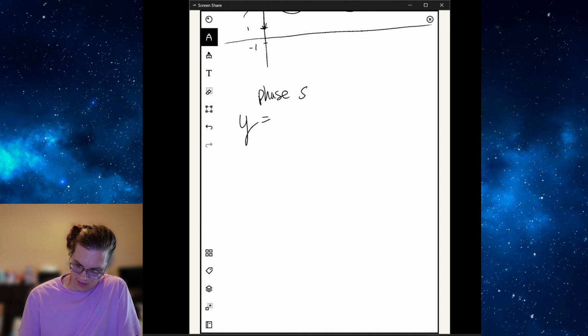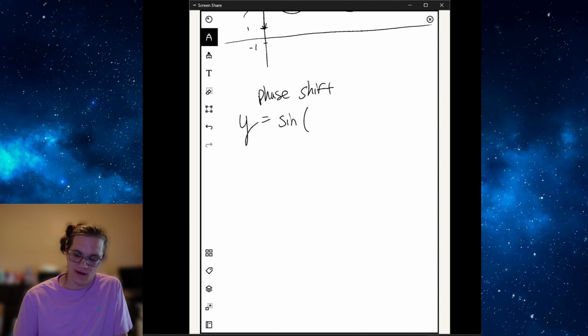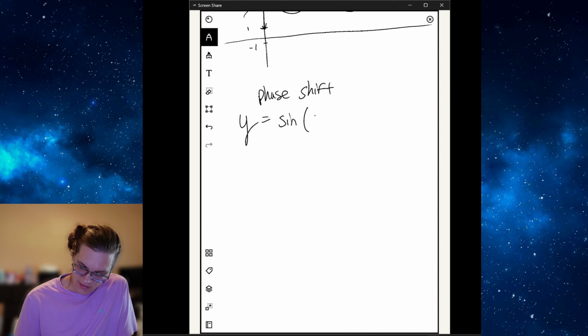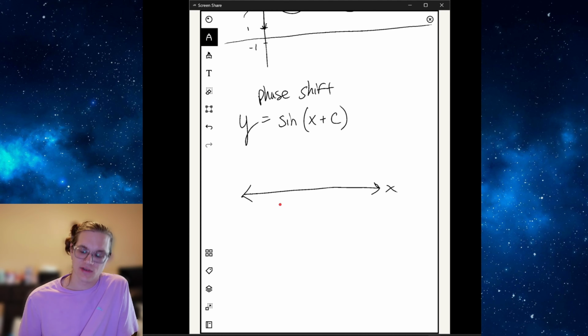So phase shift is when you have something in with the argument of the trig function, so x plus c. I just remember that it's something that's occurring in the x direction, and the rule for x is this shift will go that many units to the left, and this shift will go that many units to the right, okay?